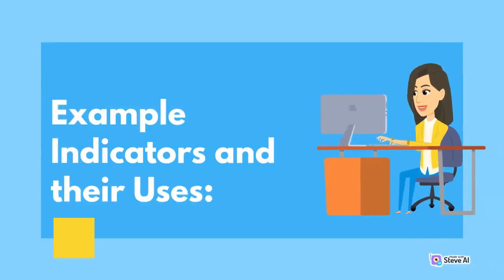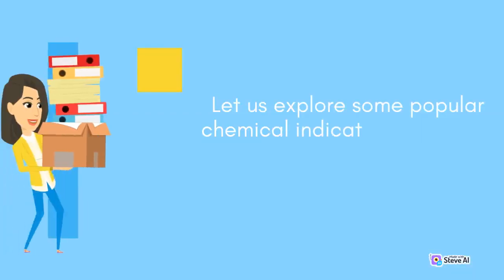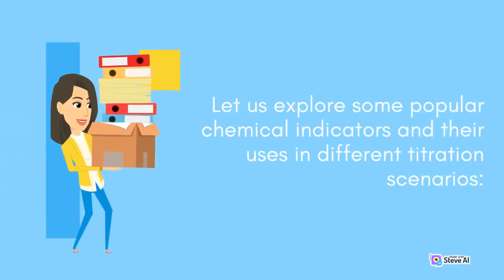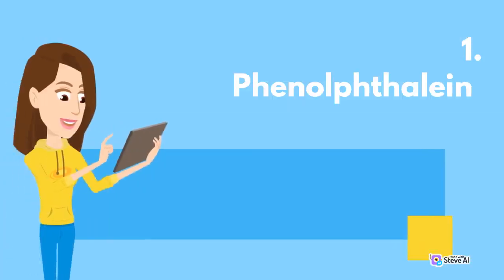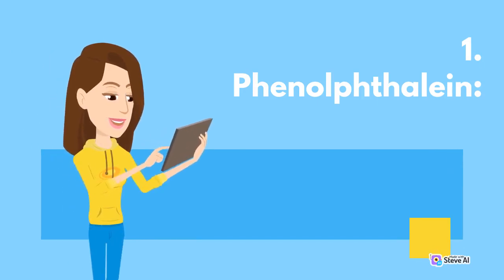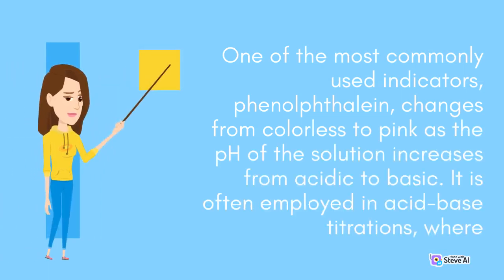Example indicators and their uses. Let us explore some popular chemical indicators and their uses in different titration scenarios. 1. Phenolphthalein. One of the most commonly used indicators, phenolphthalein, changes from colorless to pink as the pH of the solution increases from acidic to basic.